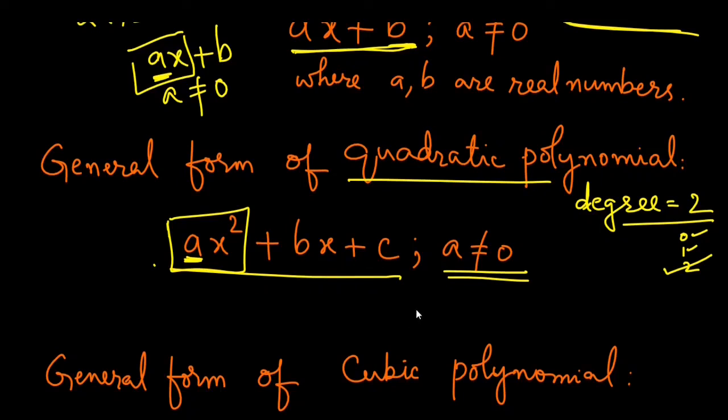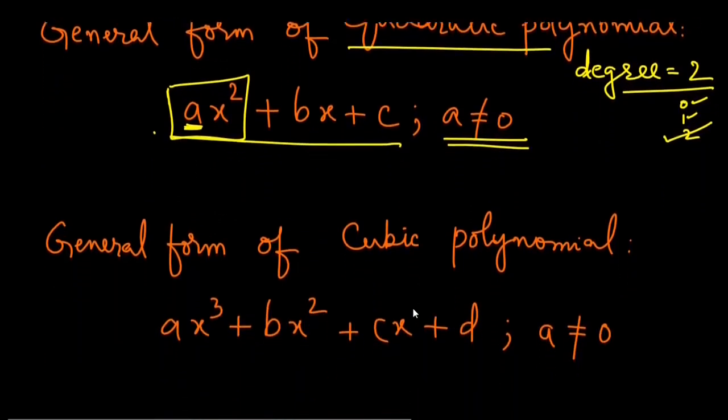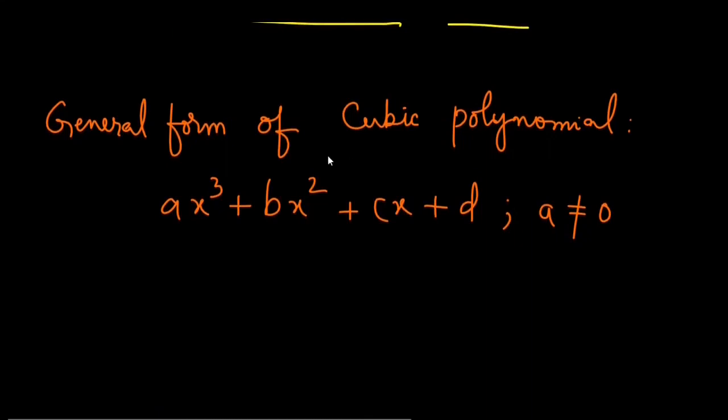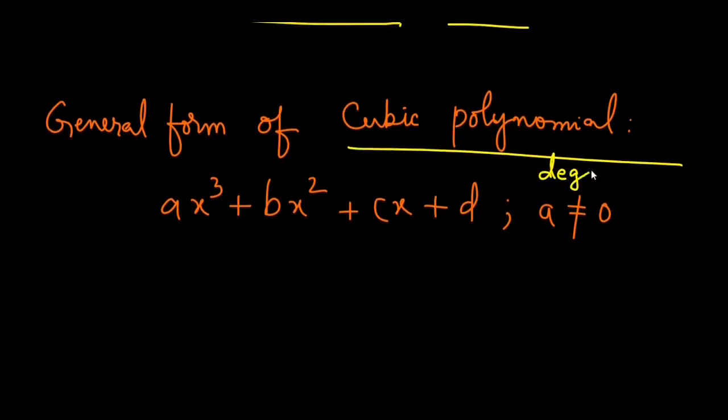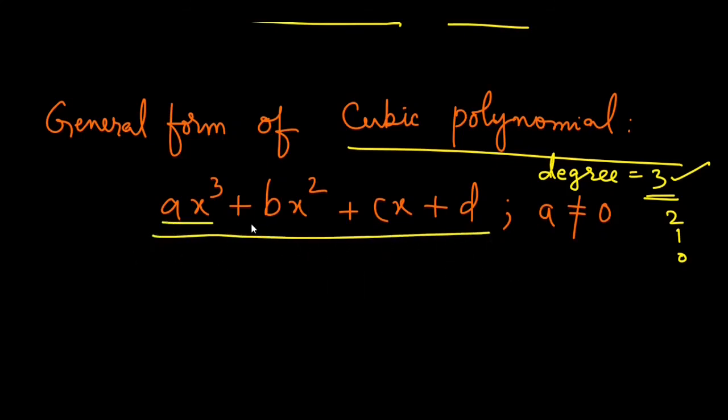If coefficient a is equal to 0, then ax square term doesn't exist and it will not become a quadratic polynomial. Then let us see the general form of cubic polynomial. In cubic polynomial, the degree is 3. Term having degree 3 is compulsory and terms with degree 2, 1, 0 are optional. So the general form of cubic polynomial is ax cube plus bx square plus cx plus d.